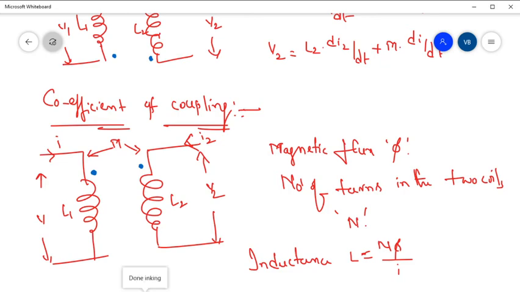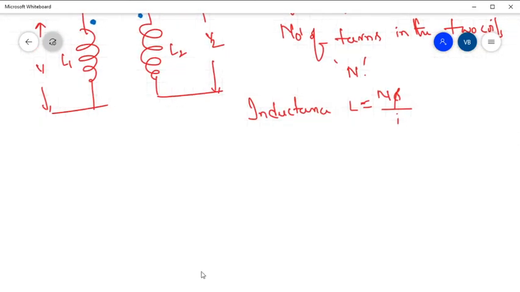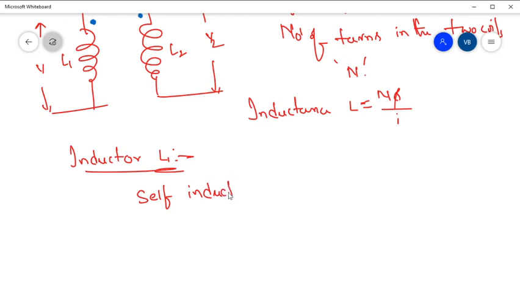So how can we write the mutual inductance? First the self-inductance in the inductor L1. What is the self-inductance value in the inductor L1?